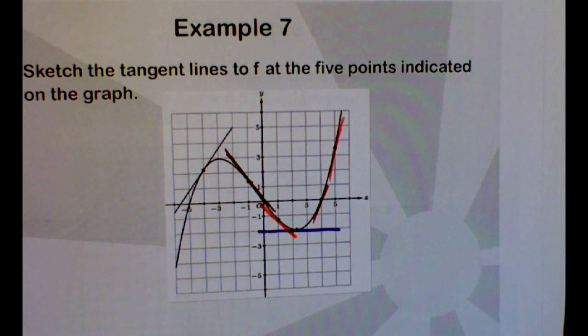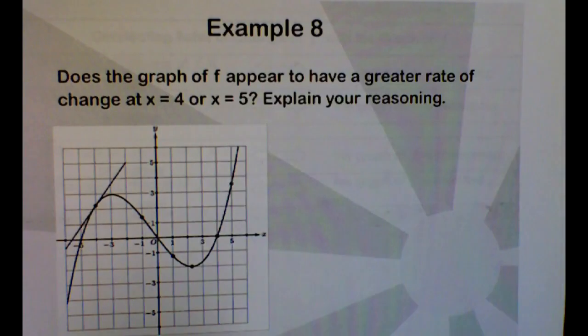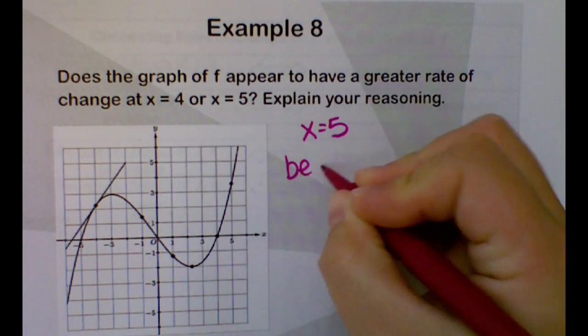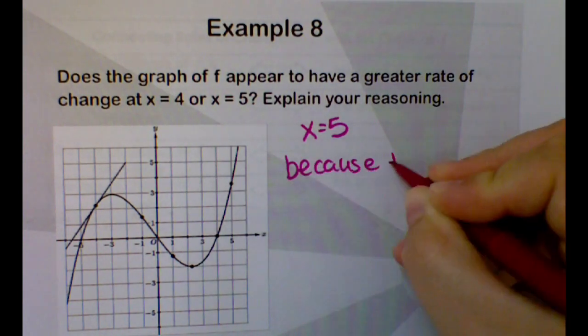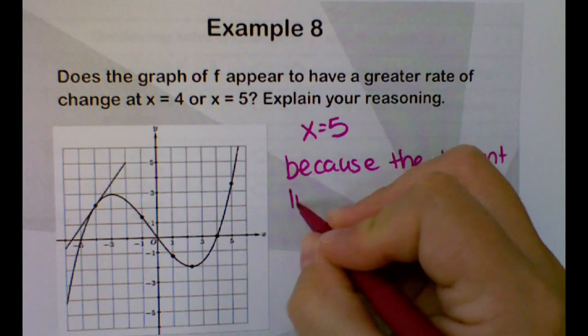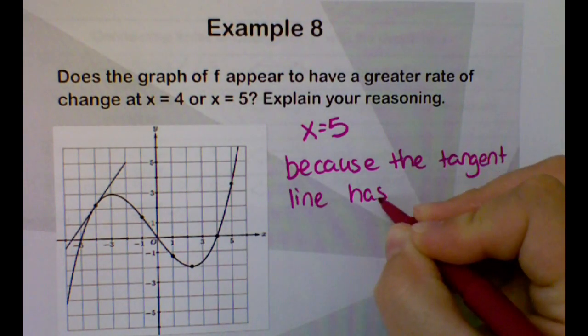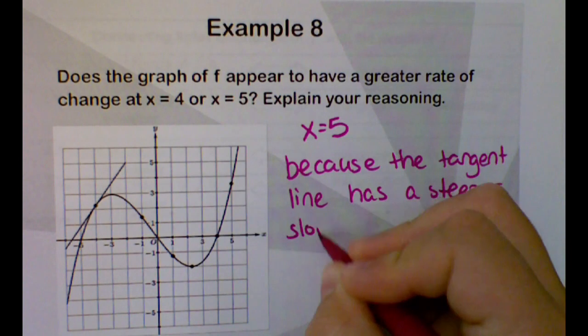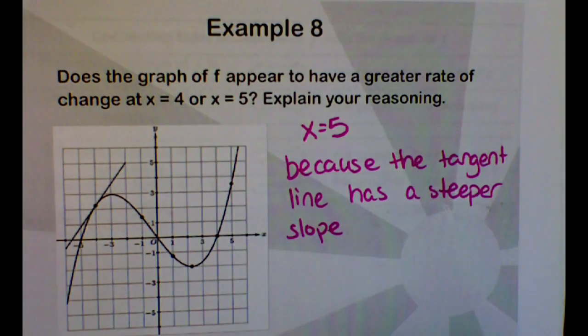At 5, it has the steeper slope. So the rate of change should be greater at x equals 5 because the tangent line has a steeper slope. And there we go.